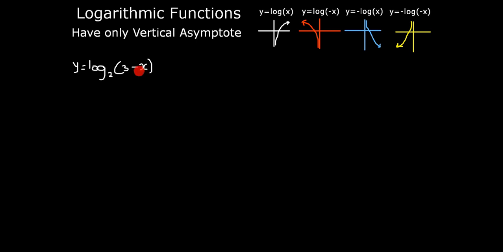If the x is positive, then it's a positive x graph. But if it's negative, then it's a negative x graph. So keep in mind that this can be written as negative x plus 3, but they just chose to write it as positive 3 minus x. It's the same thing.